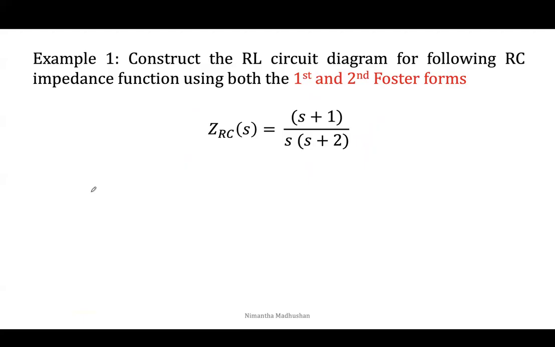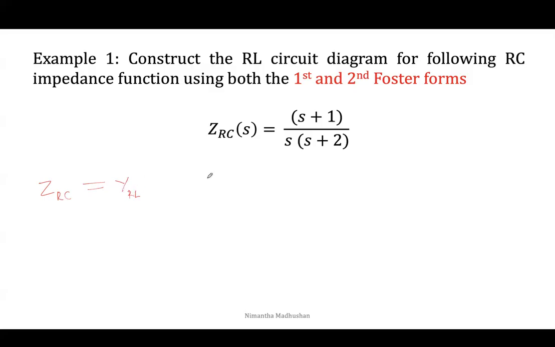For the RC function, Z_RC can be equal to the admittance function of an RL network.